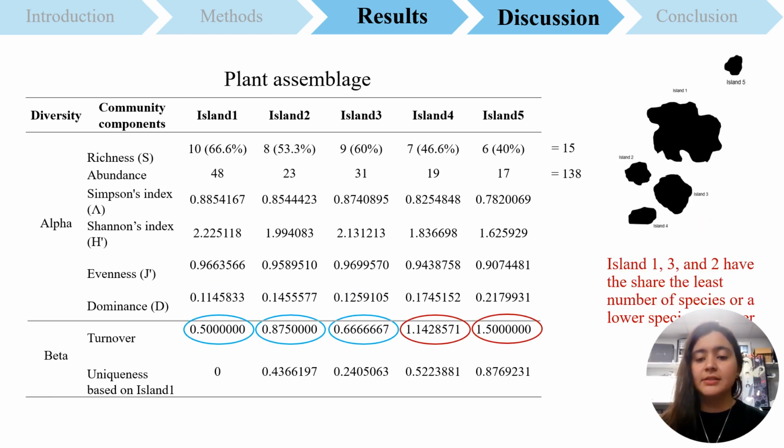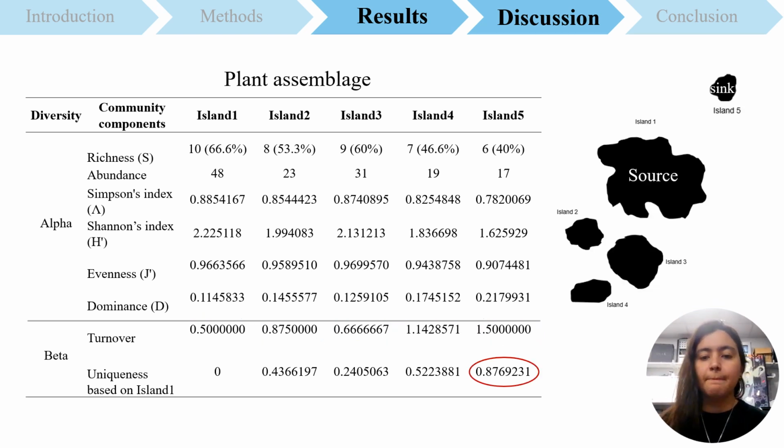Regarding beta diversity, it is suggested that the species present in island 5 and 4 are going to be present in island 1, 2, and 3. Regarding the uniqueness of islands, I decided to compare island 1 against the rest of the islands, since island 1 has the highest level of diversity.